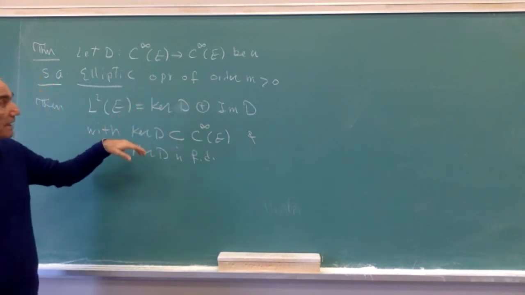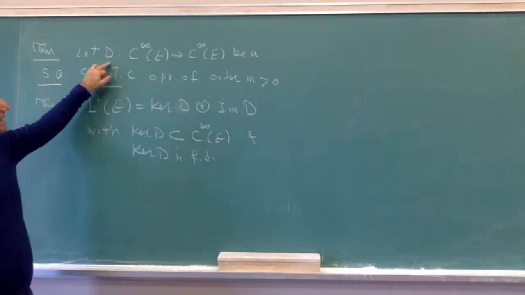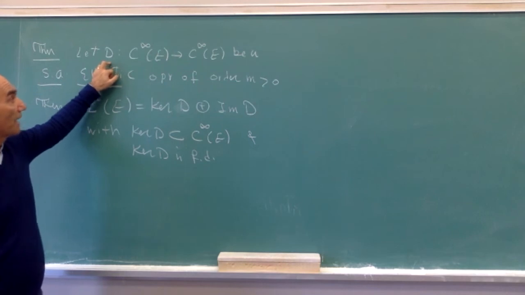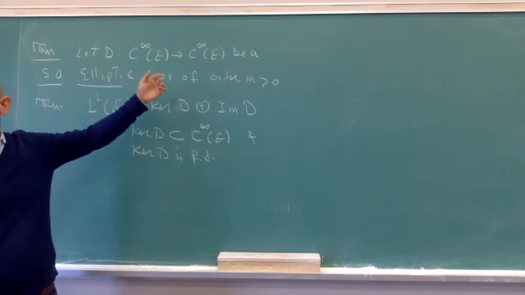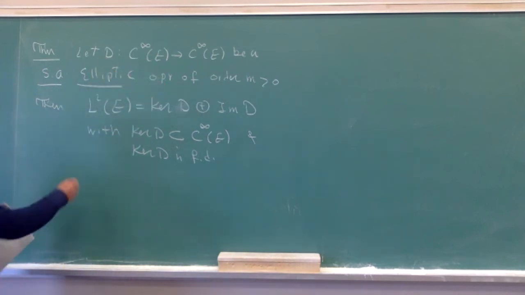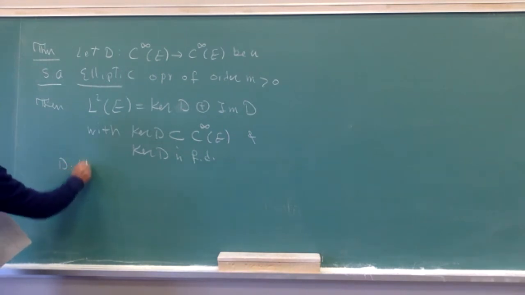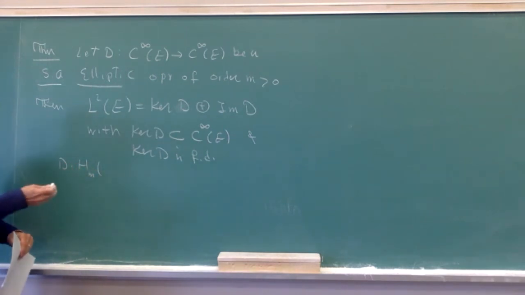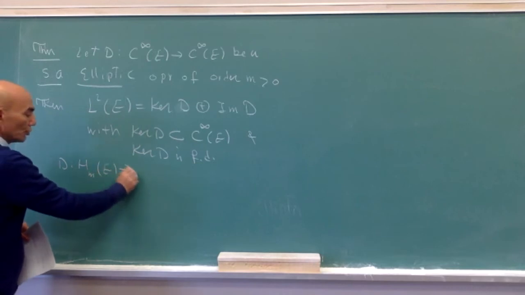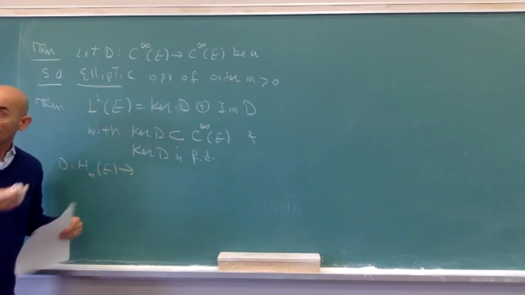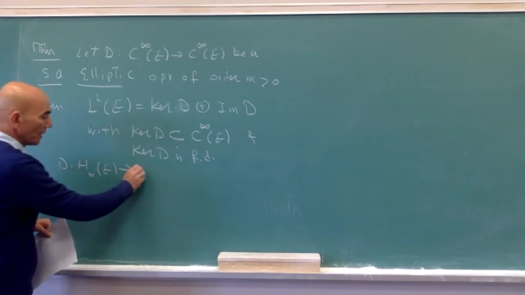What we mean is that you can think of D going from, say, the Sobolev space of order m, H^m of E, to H0 of E, because it has an extension to that.